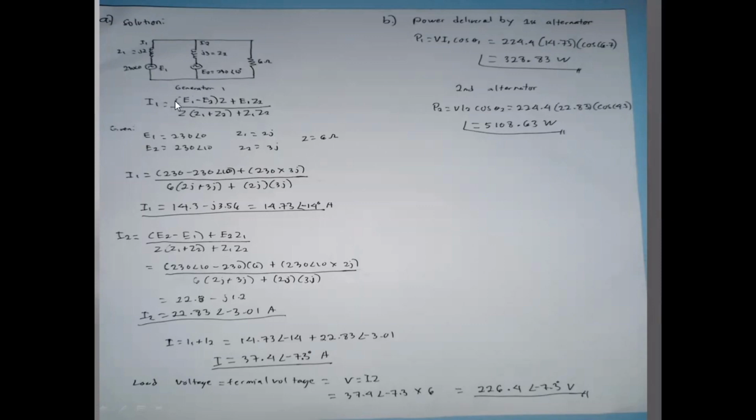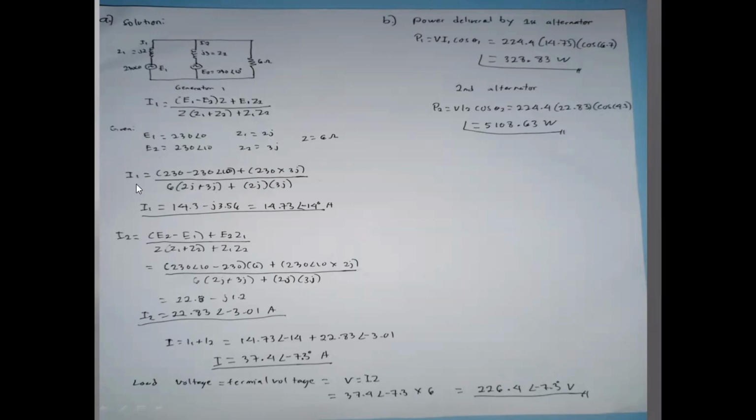For generator 1, the formula is I1 equals (E1 minus E2) times Z plus E1 Z2 over Z times Z1 plus Z2 plus Z1 times Z2. Given E1 is 230 angle 0, E2 is 230 angle 10, Z1 is j2, Z2 is j3, and Z is 6 ohms.